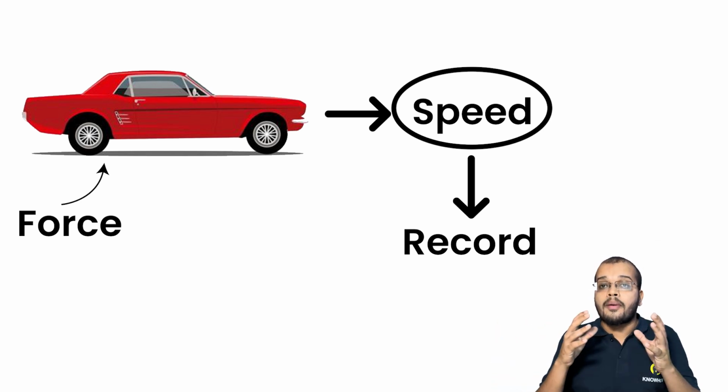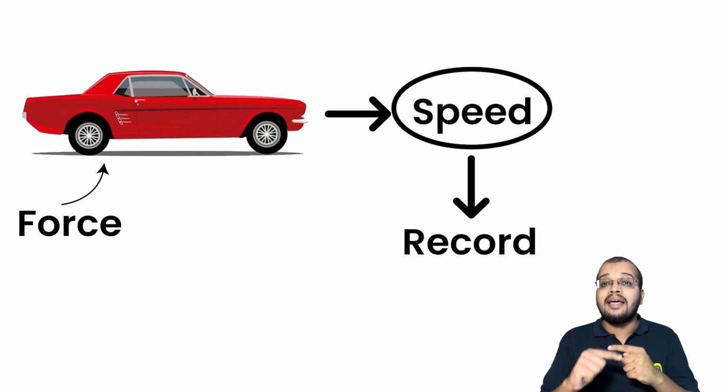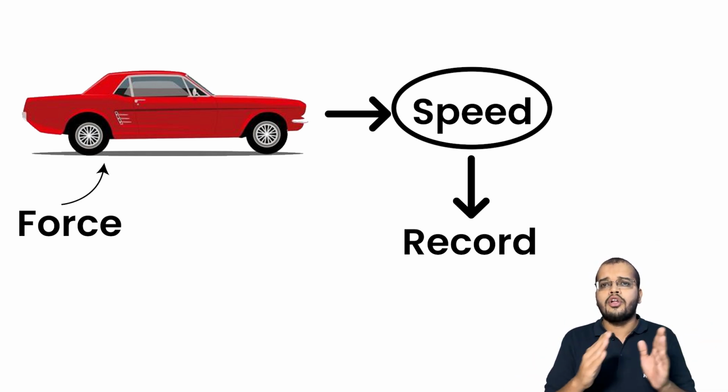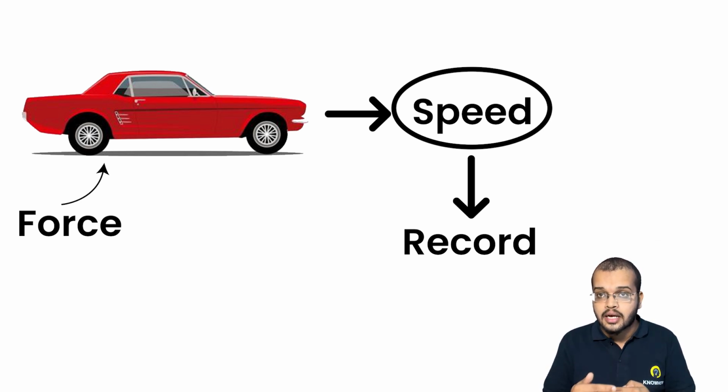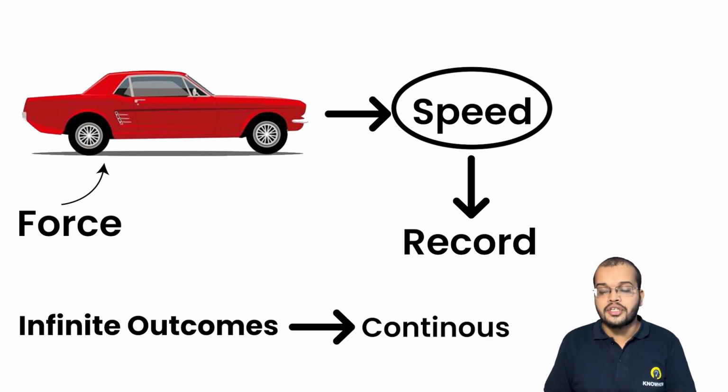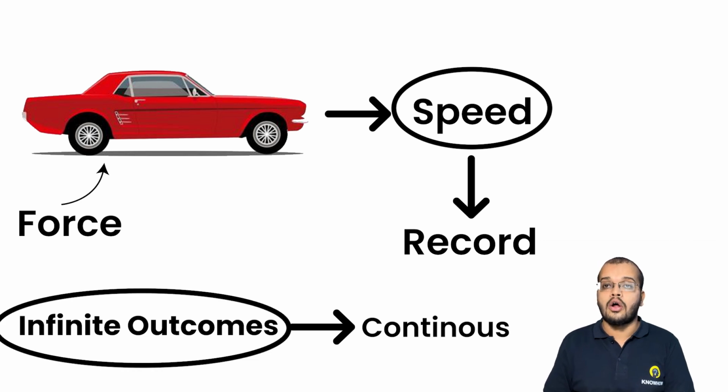The point here is that there are infinite outcomes of this speed and force. There is not one outcome. No, there are an infinite number of outcomes for this car. So when there are an infinite number of outcomes, we call this distribution a continuous distribution, which has infinite outcomes.